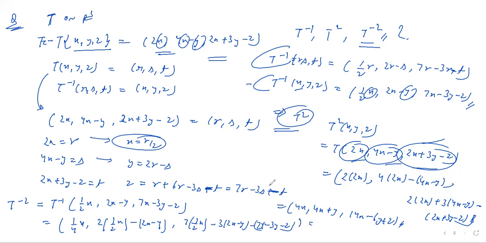After simplifying, we got 1 by 4 x, minus x plus y, and the third term, minus 19 by 2 x plus 6y plus z. So that's how we can find the corresponding transformations.